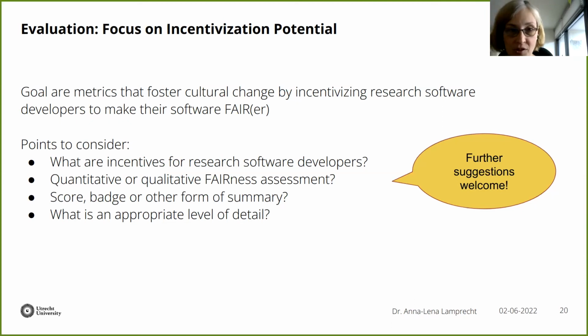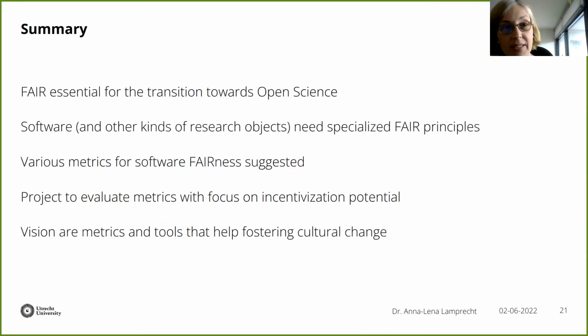Is it a research engineer, or is it a postdoc researcher who might be evaluated on the job for different things? Is it more useful to have quantitative or qualitative assessment and feedback? Scores, badges, other forms of summary, or rather going very detailed? What would be useful? These are things that we are going to focus on. Again, if people have other ideas and suggestions, we are more than happy to hear them.